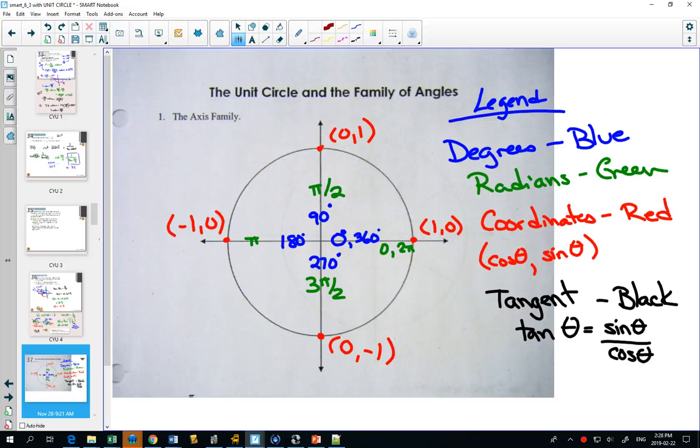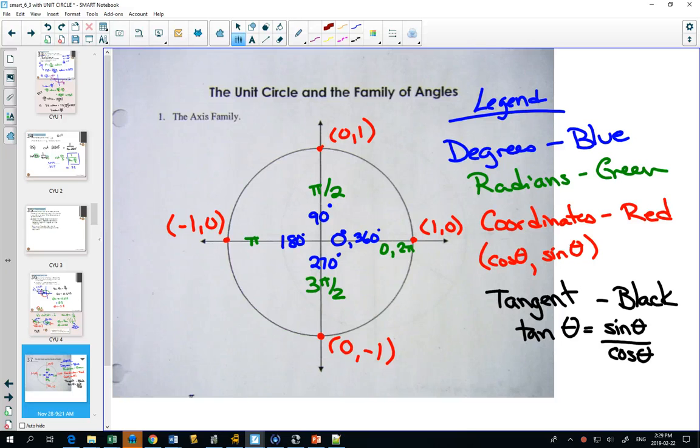And this is where one of our big ideas really takes effect early. Because we can label those points, and because one of our big ideas was any coordinate on the unit circle is cos theta, comma, sine theta, just by labeling those points, you can now do mental math with sine and cos and all of those angles.